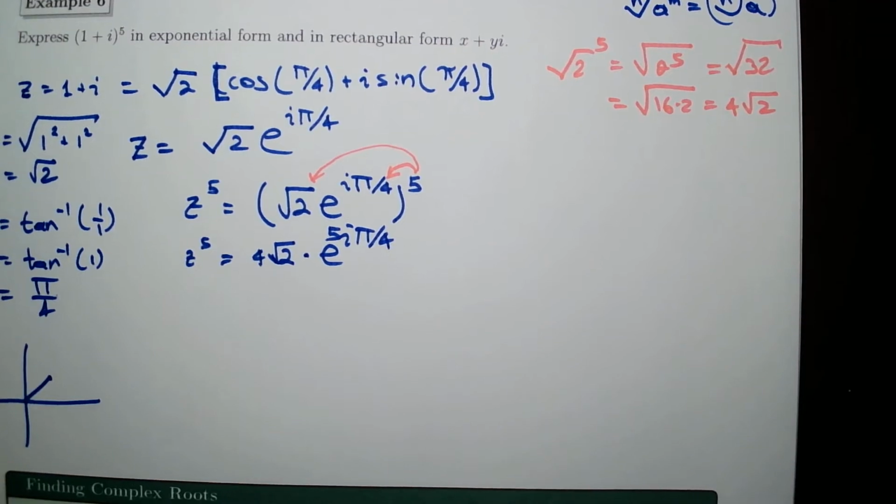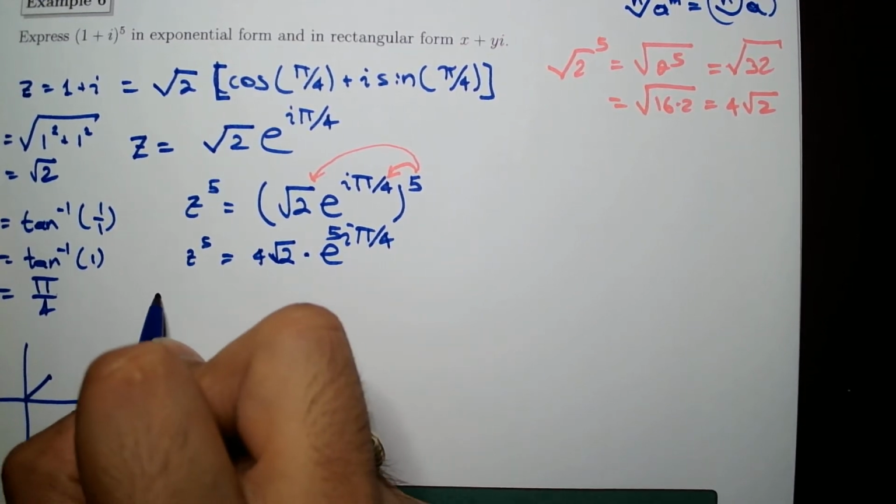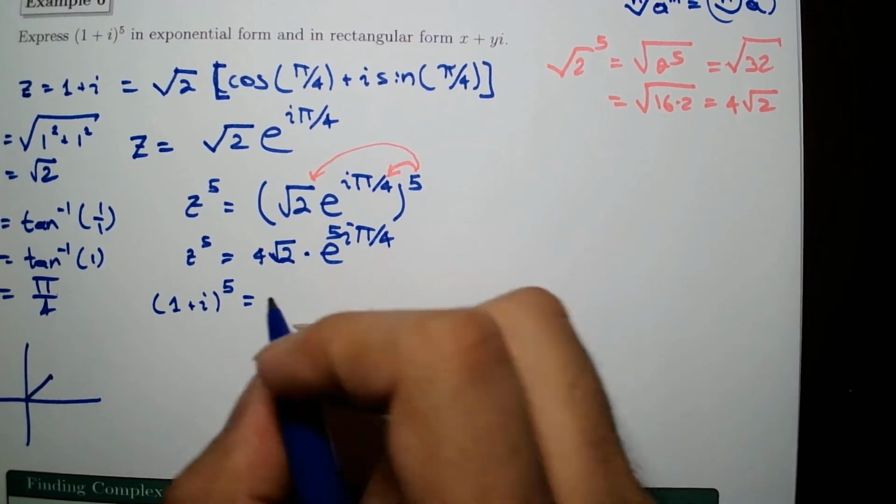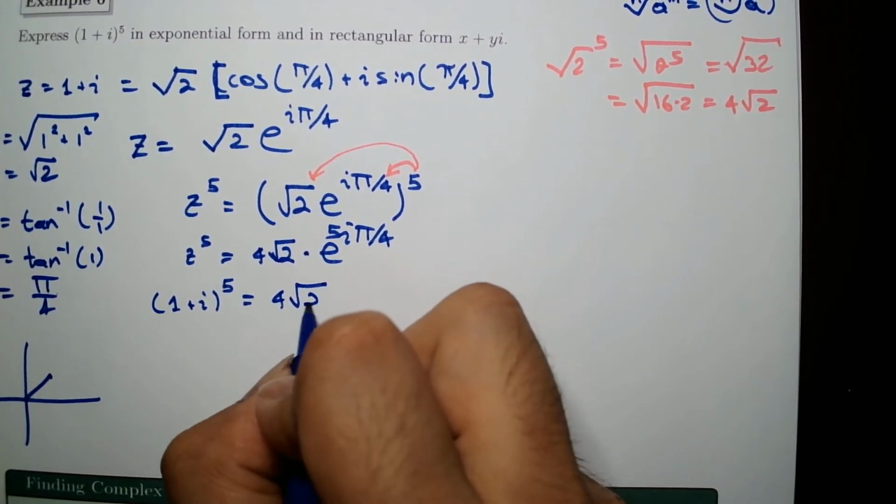All right, and that's how we raise a complex number to a power. In this case, 1 plus i to the 5th power is going to be 4 square root of 2.